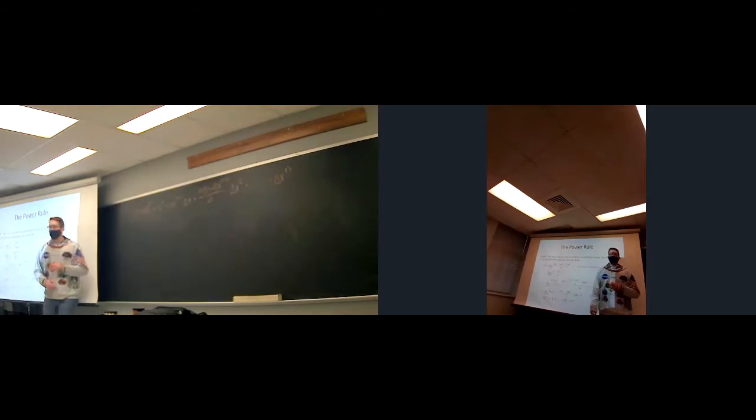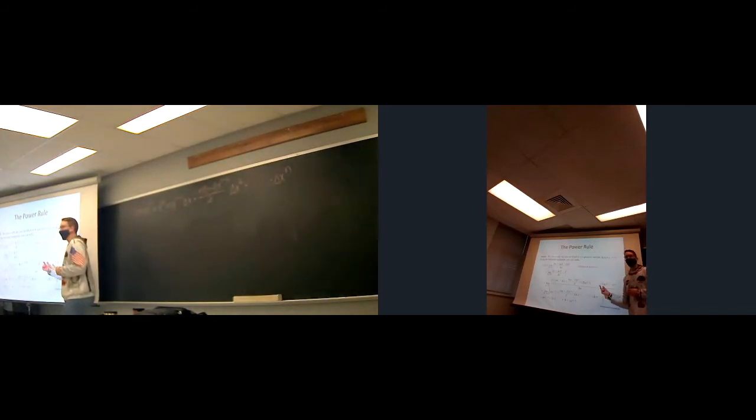Then x plus delta x to the n expands out with what we just looked at, right? And we're going to subtract x to the n, divide by delta x, and apply the limit. So we move through all of this and we say, hey, all of these terms have delta x in them, right?